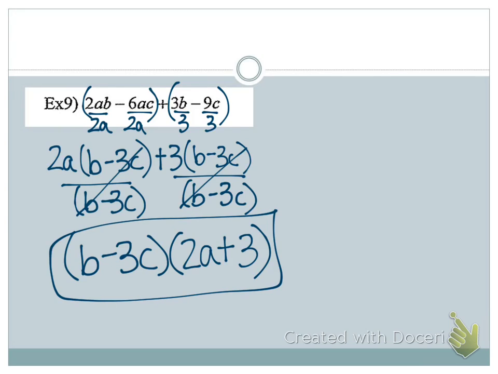And that's it. We made our groups. We found a GCF of both groups. And then we were able to find a GCF of a set of parentheses and factor that out for our final answer.